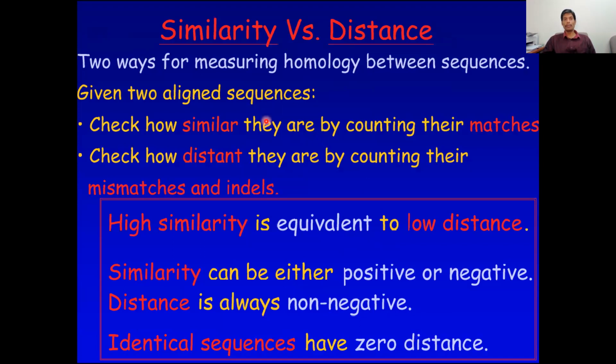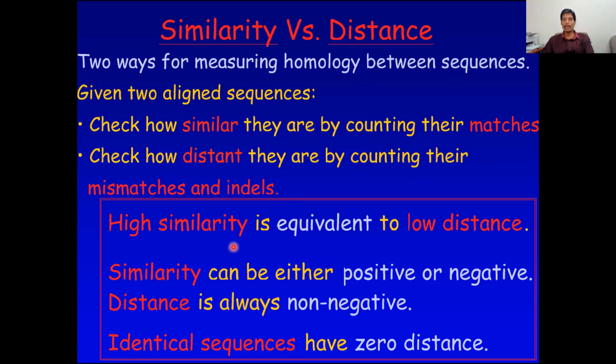There are two ways of measuring homology between sequences. Given two aligned sequences, check how similar they are by counting their matches, or check how distant they are by counting their mismatches and the indels. It depends on your perspective. You want to see how similar two given sequences are, or how distant they are.